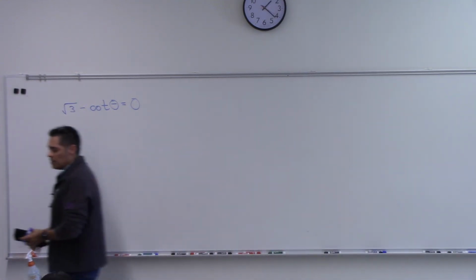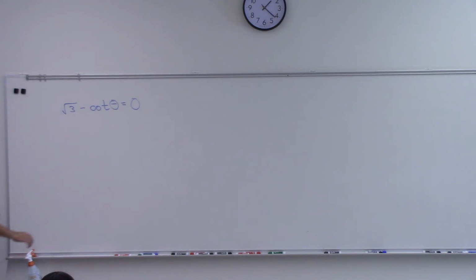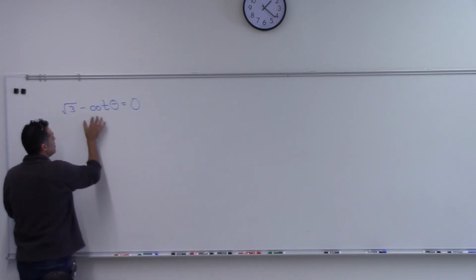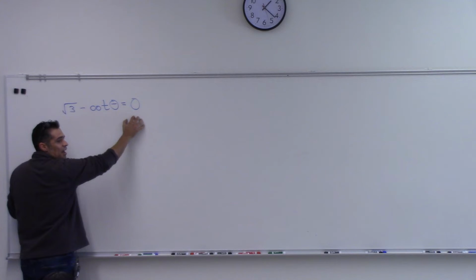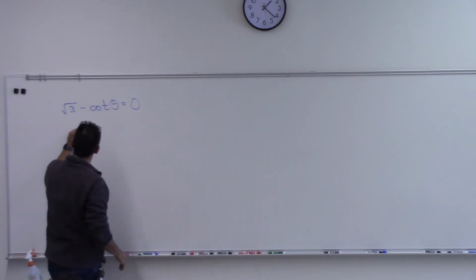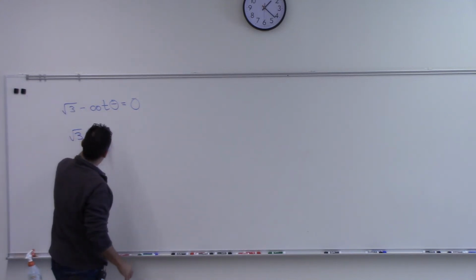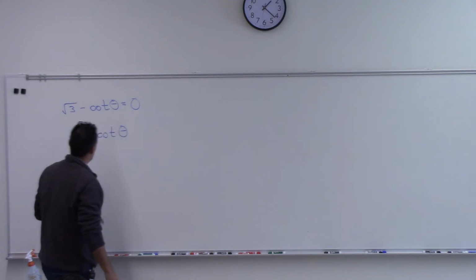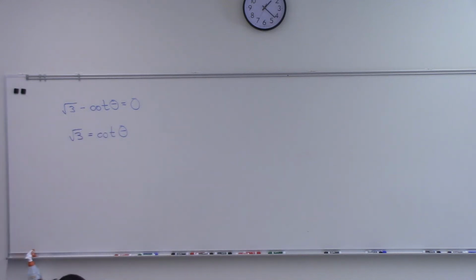All right, I'm going to try and get the cotangent by itself. So you can do this different ways. I would just add cotangent to both sides. And so I get root 3 is cotangent theta. And I'm supposed to do this without my calculator. So do I recognize that anywhere on the unit circle?